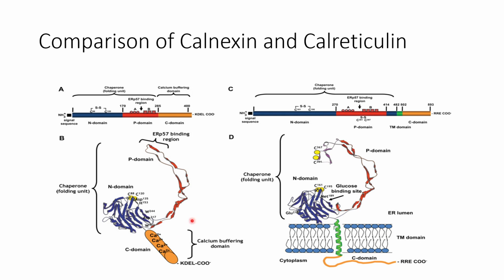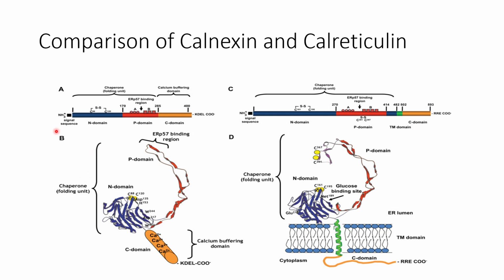So first we will understand calreticulin. Here on the left side of the figure is the calreticulin structure, and calreticulin is an ER soluble protein, so it is present within the ER, whereas calnexin is a transmembrane protein, so it is present at the membrane of the endoplasmic reticulum.